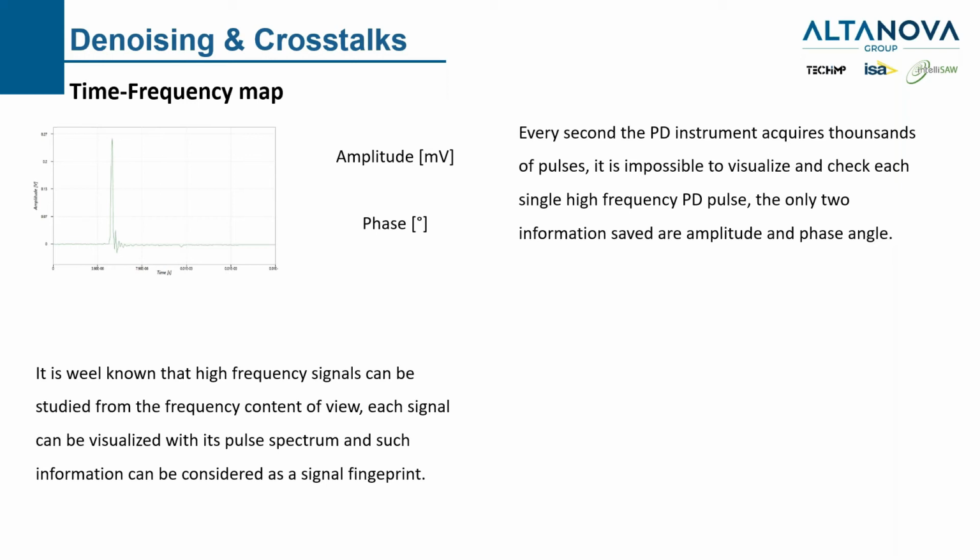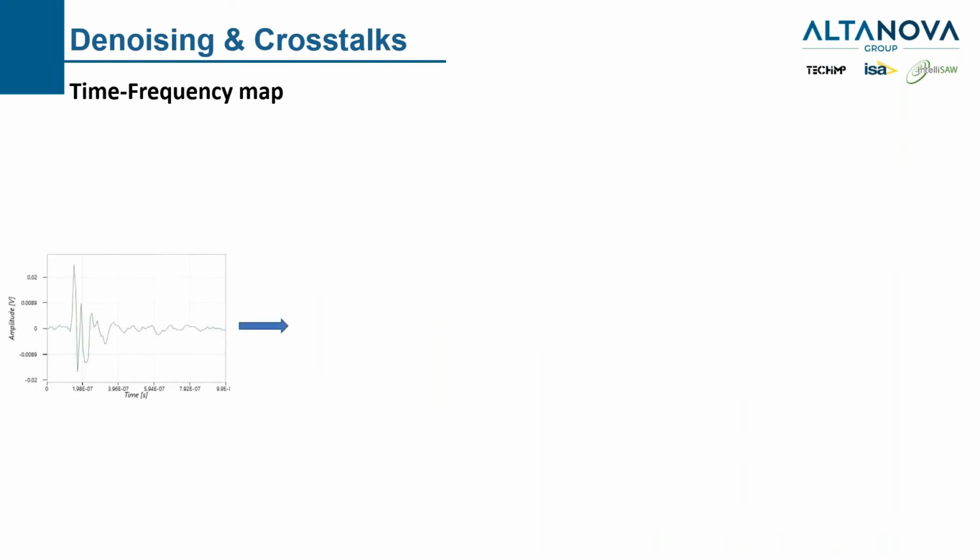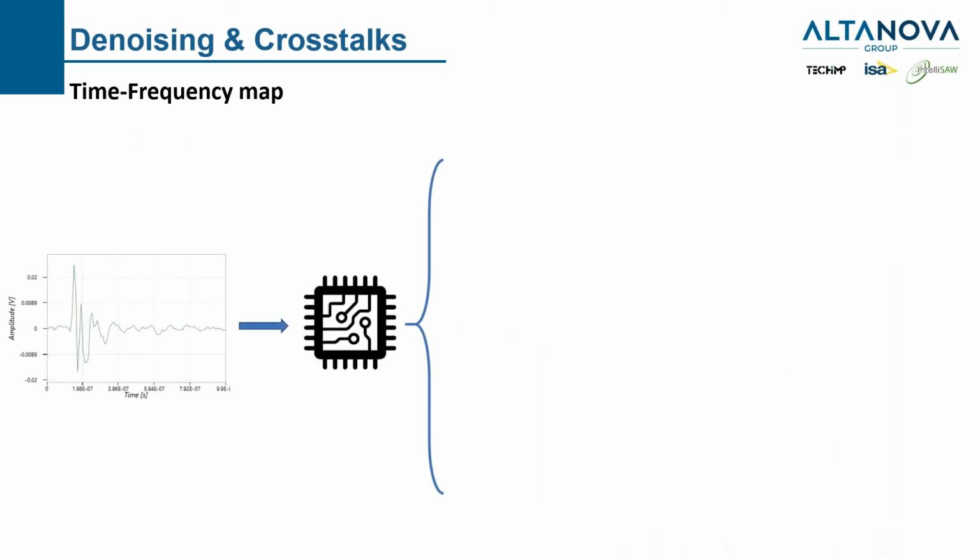But we can study the same pulse as per its spectrum. We can identify what the frequency spectrum of the pulse is, and we can try to translate this analog information into mathematical numbers. That was the TF-map technology introduced by TechImp.